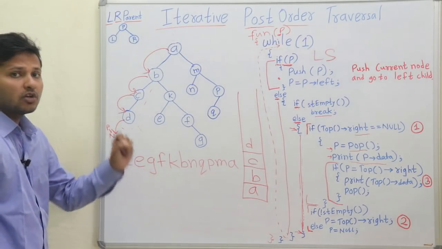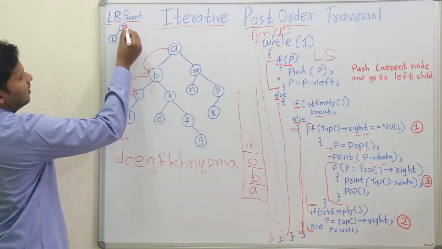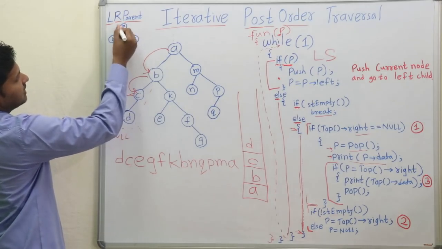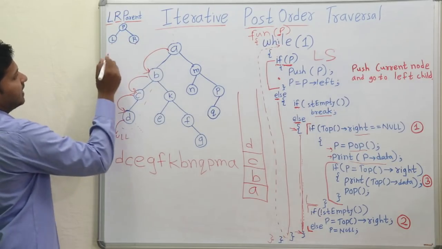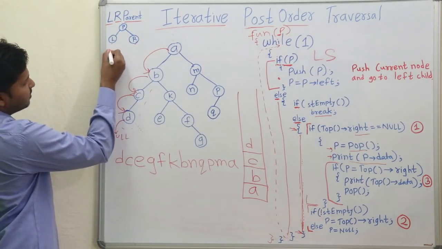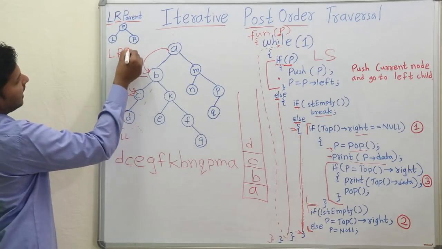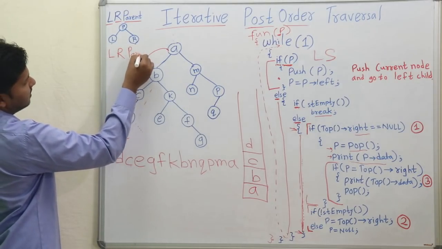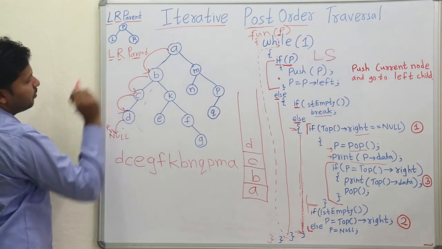As you know, for a post order traversal, if there is a node which is called a parent and there is a left child and right child, then the post order traversal is printed as left child first, then right child, and then the parent. Left child, right child, and parent.